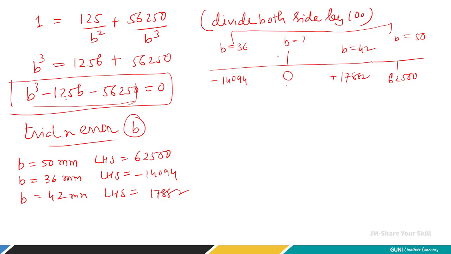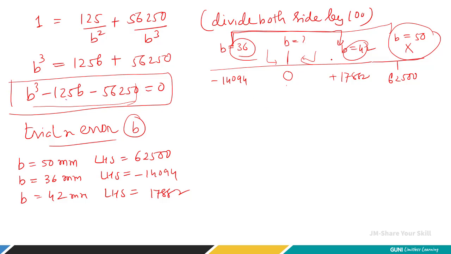Okay, now from this timeline you can say again the b value will be the average of these two, 36 and 42. Now we have to cancel out this b equal to 50 value because it is out of range. Only the average of these two values, 36 and 42, will give you the nearest value that results in the left hand side of the equation being equal to 0.